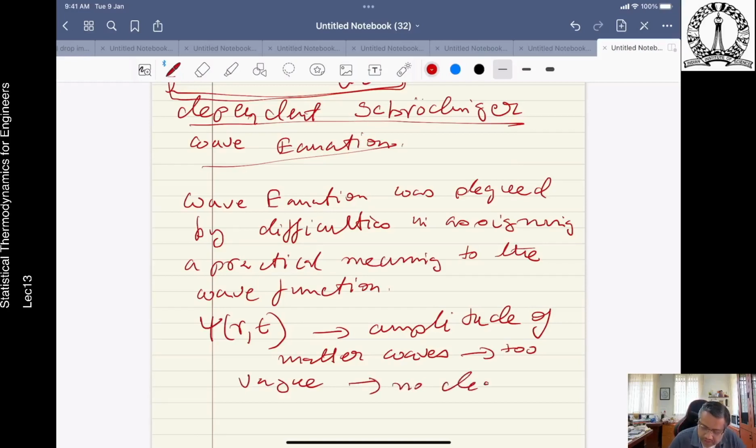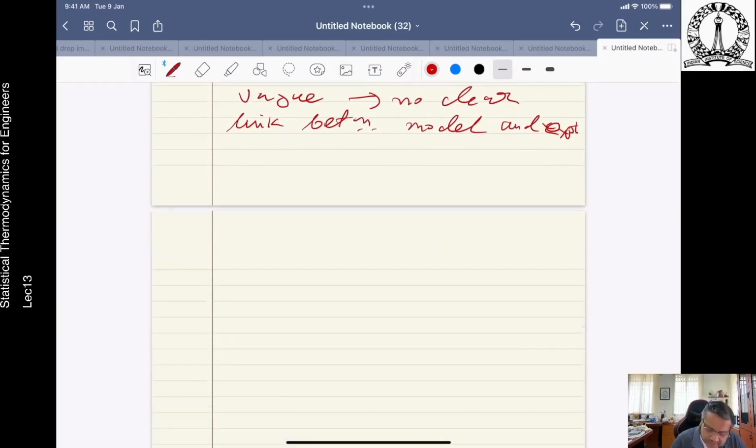There was no clear link between the model and experiment, so it offered no real insight, and there was no physical meaning to it.